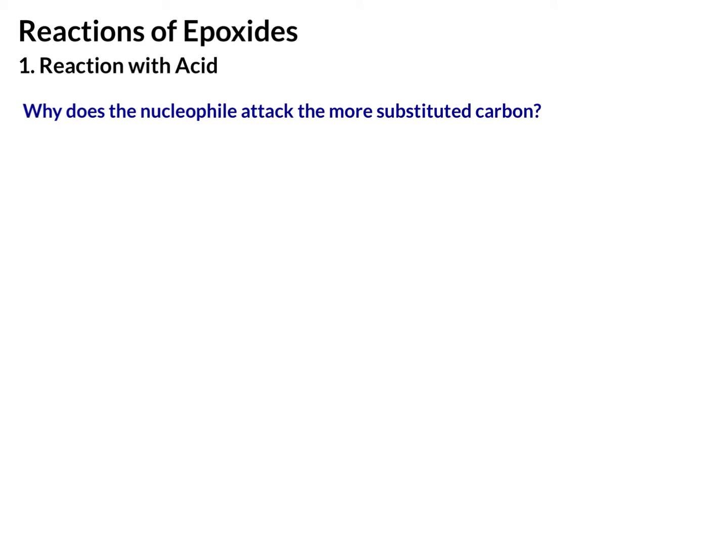A question you might be asking yourself is, why does the nucleophile attack the more substituted carbon? Usually, for steric reasons, nucleophiles prefer to add to the less hindered side. But this is a little different because we have a protonated species. So let me draw it back out for you, and we're going to make a comparison here.